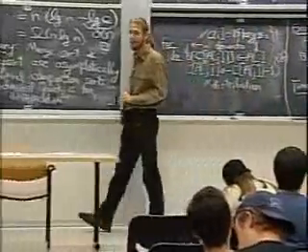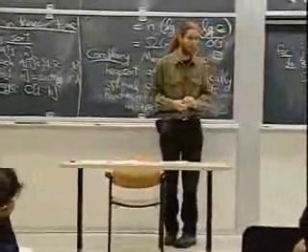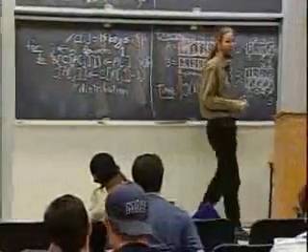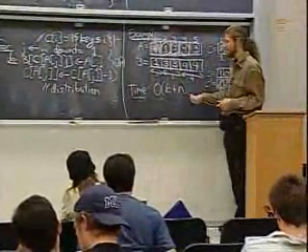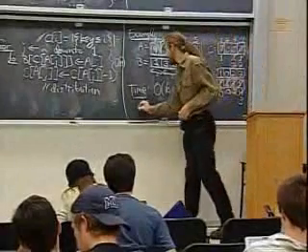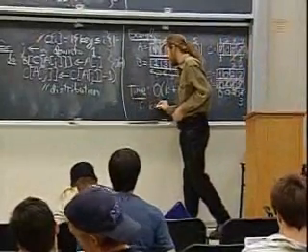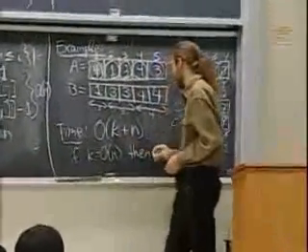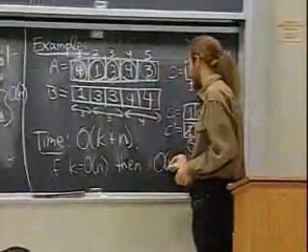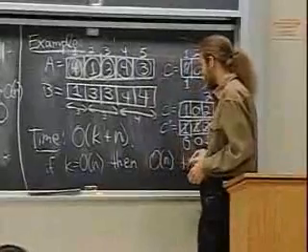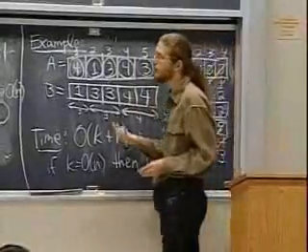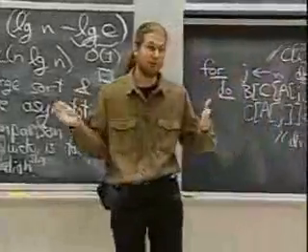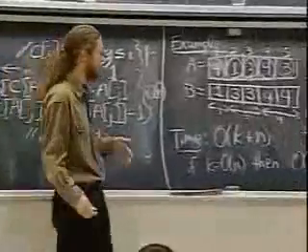Okay, and this is a great algorithm if k is relatively small, like at most n. If k is big, like n squared or 2 to the n or whatever, this is not such a good algorithm. But if k equals order n, this is great. And we get our linear time sorting algorithm. So not only do we need the assumption that our numbers are integers, but we need that the range of the integers is pretty small for this algorithm to work.